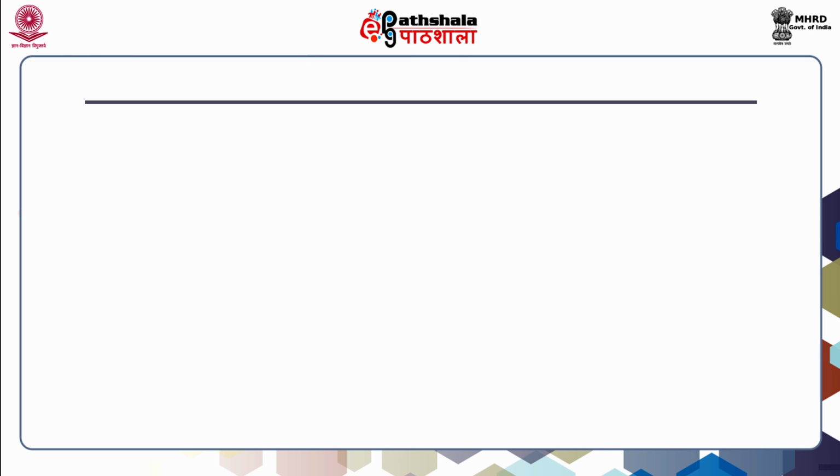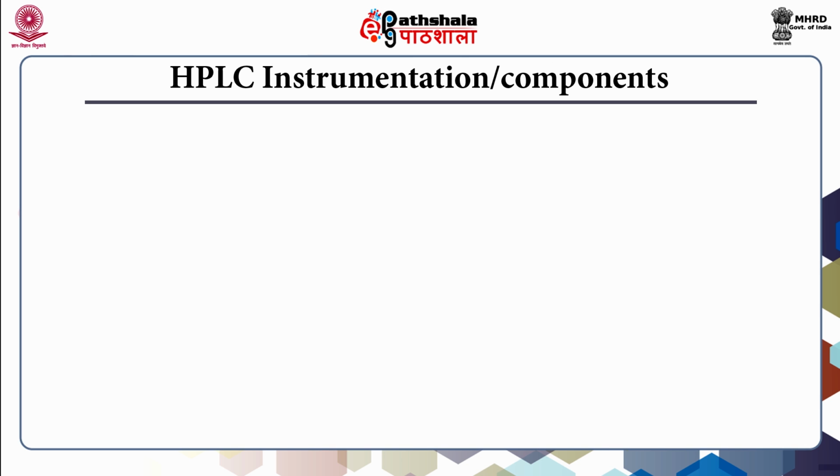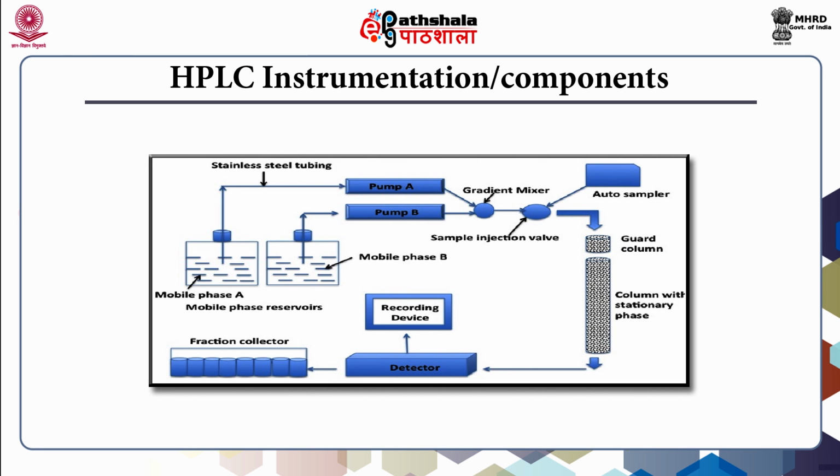So, in this slide we can see the HPLC instrumentation or components. You see in this picture we have the mobile phase reservoirs and we have the pumps, and also we have the gradient mixer to mix two kinds of mobile phases, and also we have a sample injection valve which can be used to inject a sample into the column, and we can see a small column here that is called the guard column.